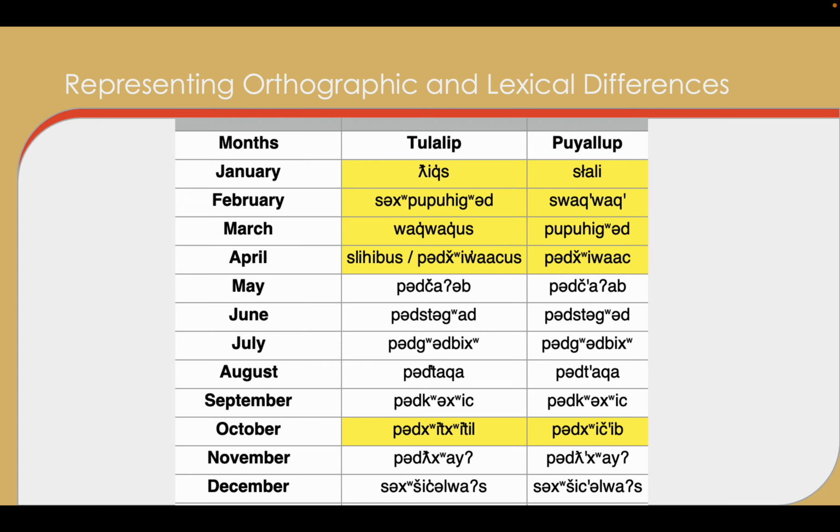You notice the month names for these two Lashutseed speaking communities, same language, but different words for different months of the year. The good news is that the technology can work for all these differences. The bad news is that it's not necessarily represented on all those devices as well as we might like yet.